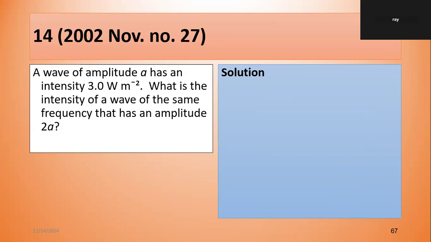What's the answer? It's 2002 November, number 27.